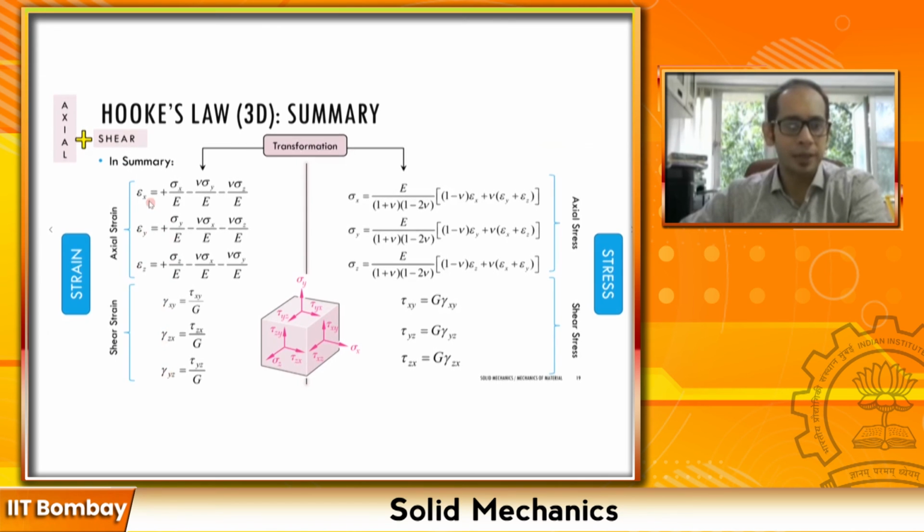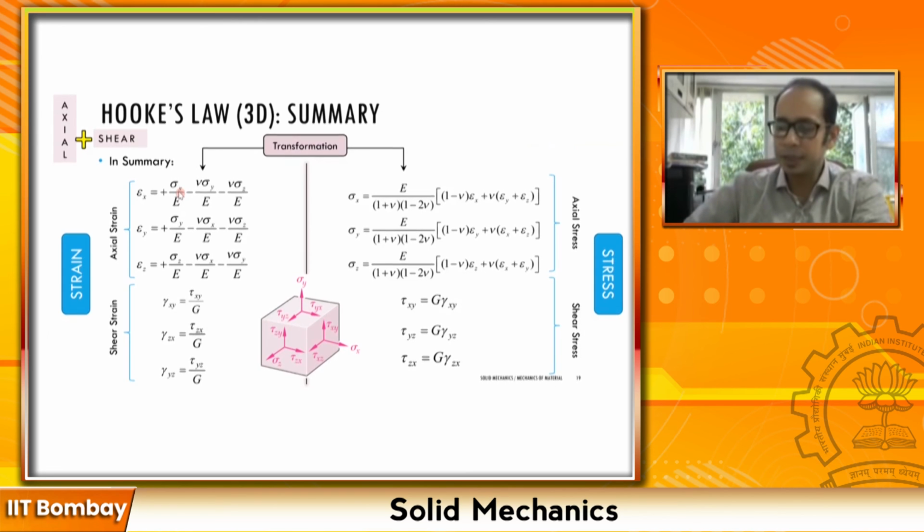Now remember, the axial strain epsilon x is not only dependent upon sigma x, but it also depends upon the stresses along the y direction as well as the z direction, and they're related using the Poisson's ratio, right?